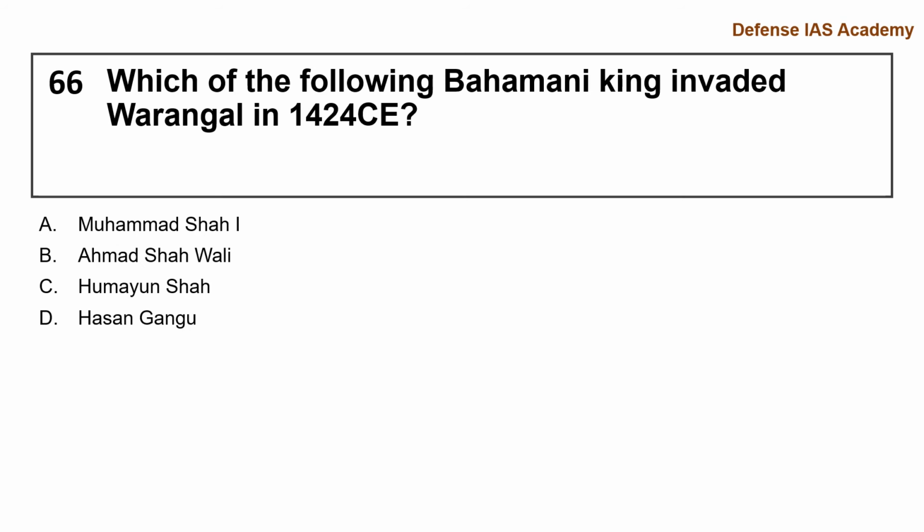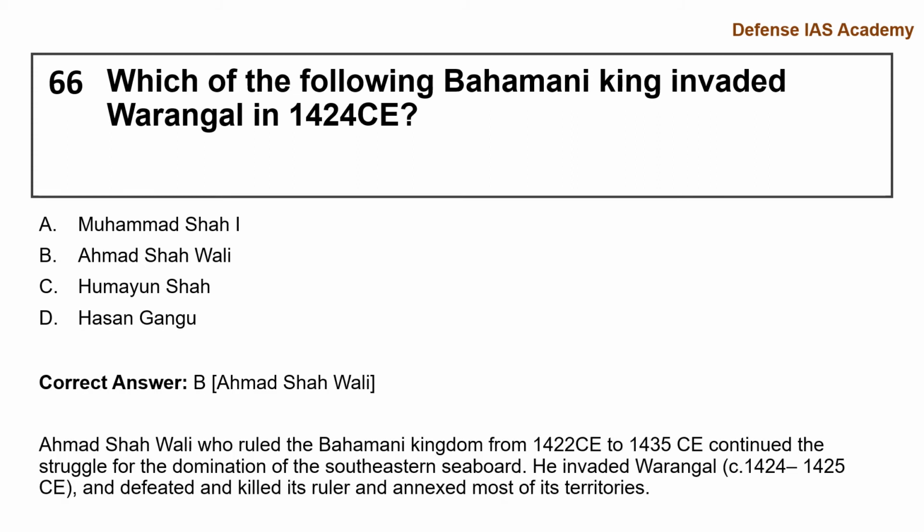Question number 66. Which of the following Bahmani kings invaded Warangal in 1424 CE? The correct answer is option B, Ahmad Shah Wali. Ahmad Shah Wali, who ruled the Bahmani kingdom from 1422 CE to 1435 CE, continued the struggle for the domination of the southeastern seaboard.